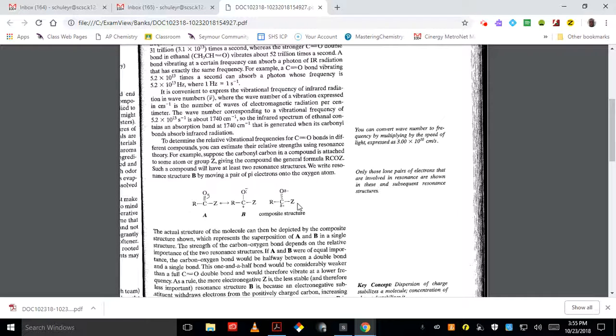And if they do, then that makes those resonance structures significant.